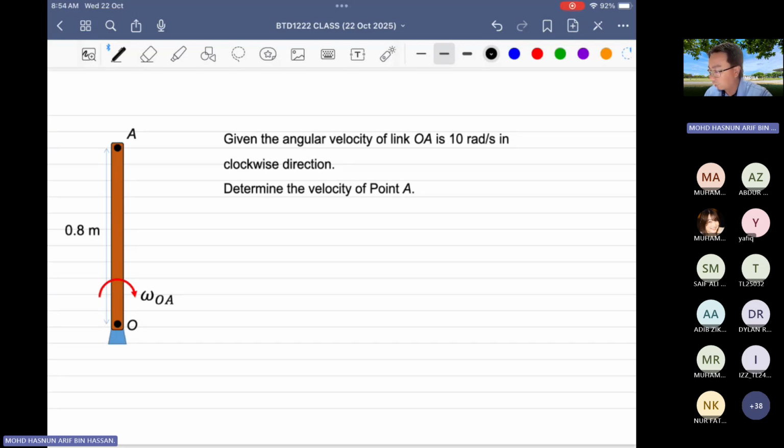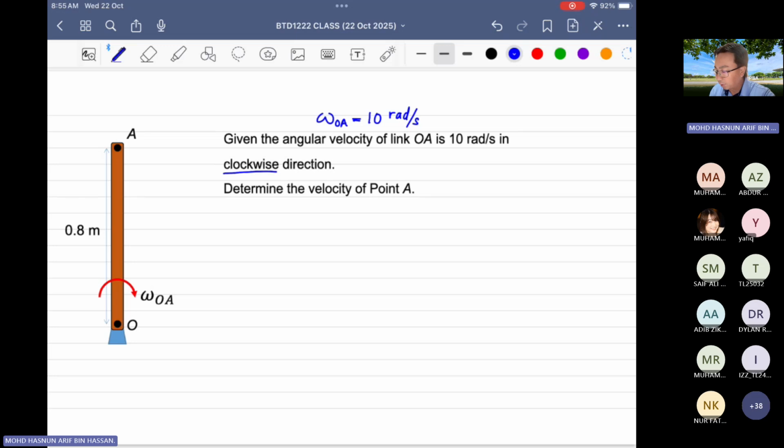Angular velocity is omega, so we write this as omega OA, which is equal to 10 radian per second. This is the information that we have. Okay, and then we also know that it is clockwise direction.